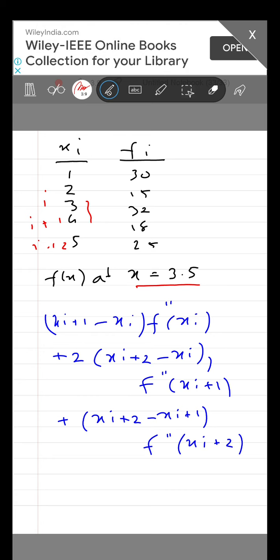So we get f double differentiation x1 plus, this is i is equal to 1, i plus 1 is equal to 2.